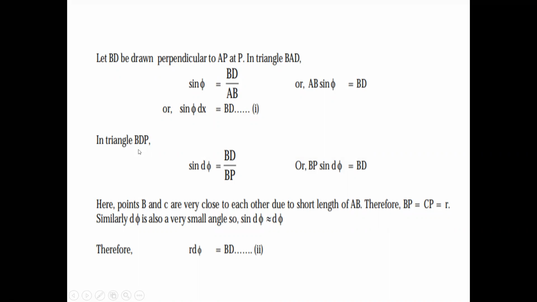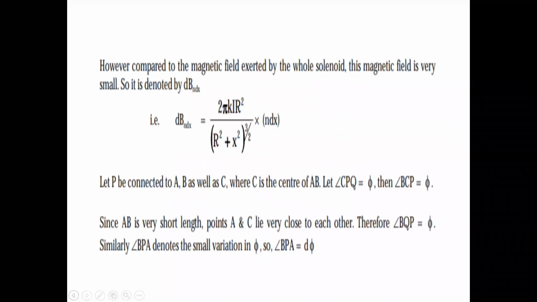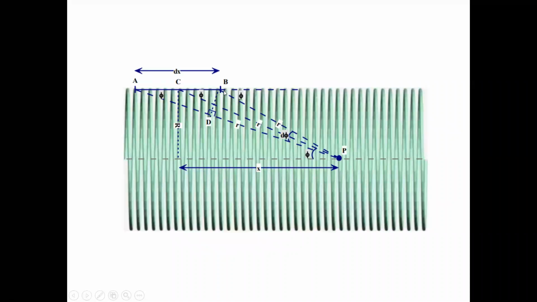And next, triangle BDP. In BDP, the angle is d phi. Sin d phi is equal to the opposite side, that is BD, by the hypotenuse.